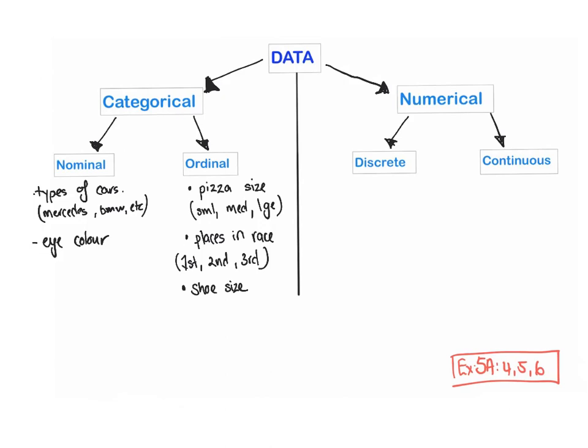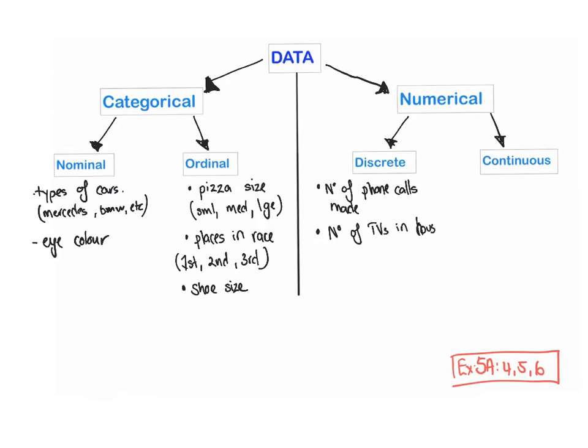All right, with numerical, it's a bit easier. Discrete is counted, so we might say number of phone calls made, or, what did I say before, number of TVs in a house.